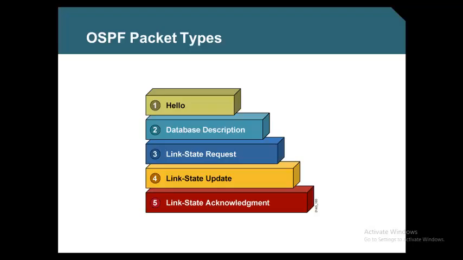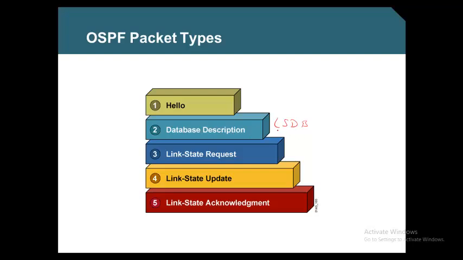Now, why do we call this database description DBD? Why not LSDB? Actually, LSDB is what we share here. LSDB is what is shared in this packet. Then why is it called as DBD? Why not LSDB?